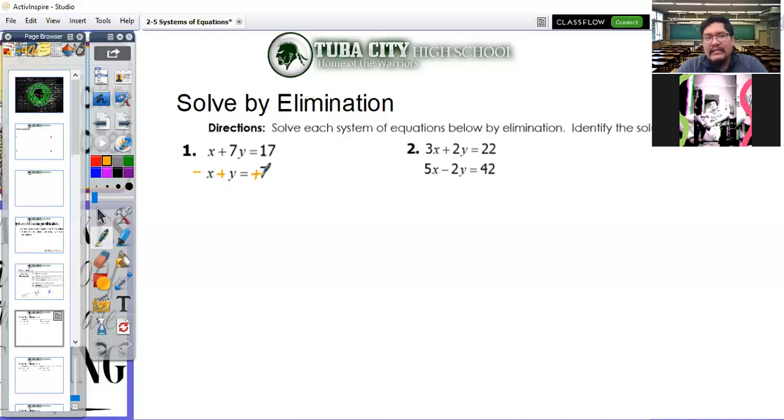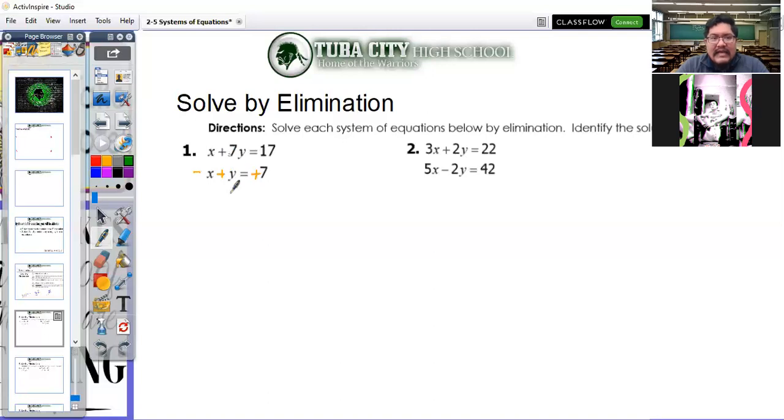I could write this over again, which would probably be a better idea, but anyway, this works out. So x minus x would be 0x, which is nothing, so we don't really need that. That's going to be the one that eliminates. That's why it's called solving by elimination, because we have to get rid of one of these.